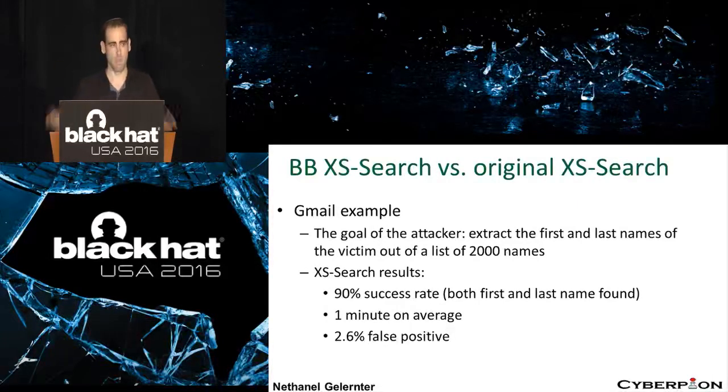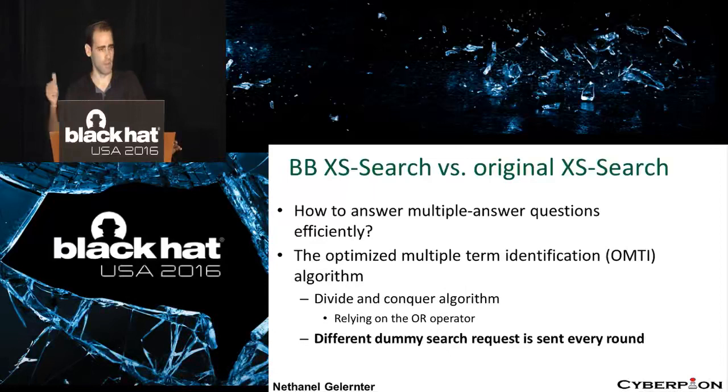In this example, the goal of the attacker is to extract the first and the last names of a Gmail user out of a list of 2,000 names. The original attack, as I said, succeeded to do this in 1 minute with a 90% success rate, which is good. Also in the original work, we did not follow the naive approach.